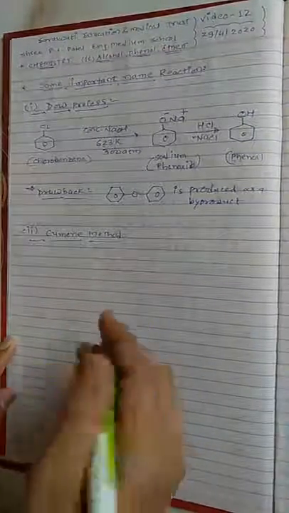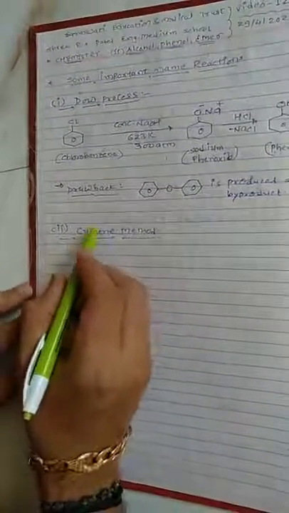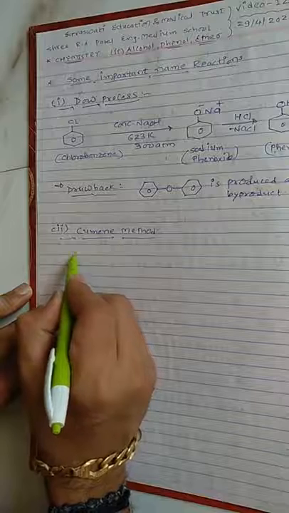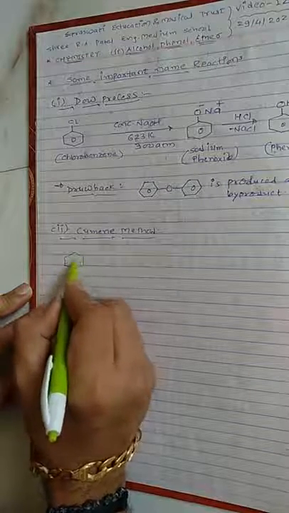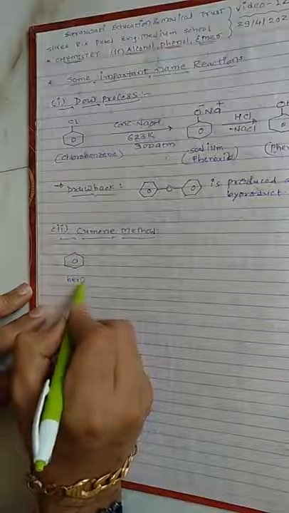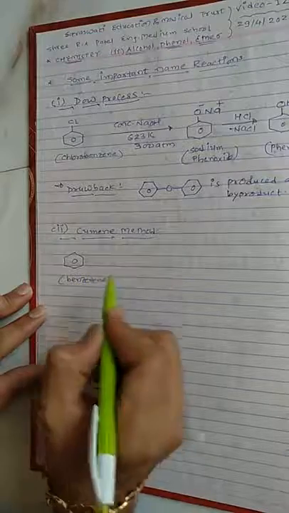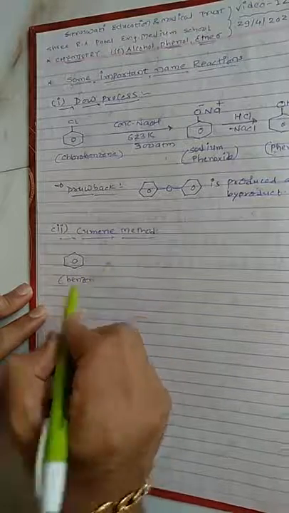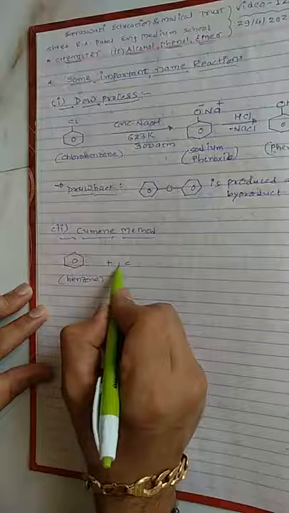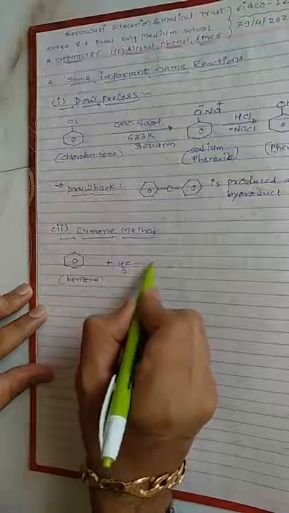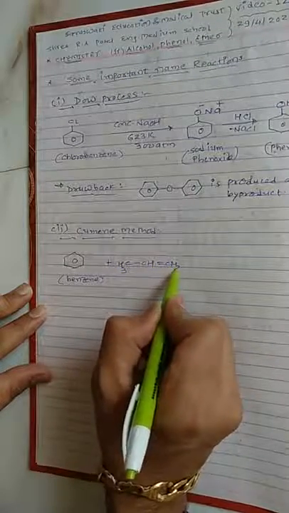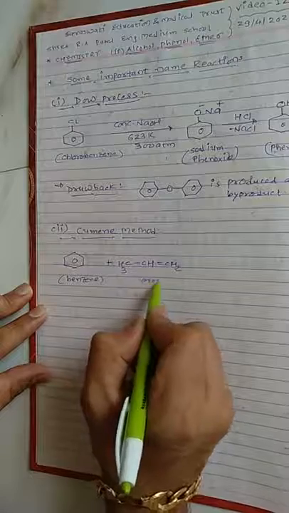In the Cumene method, our starting raw material is benzene. So I will start from benzene. Benzene is treated with propene. The formula of propene is CH3 CH double bond CH2. It is propene.